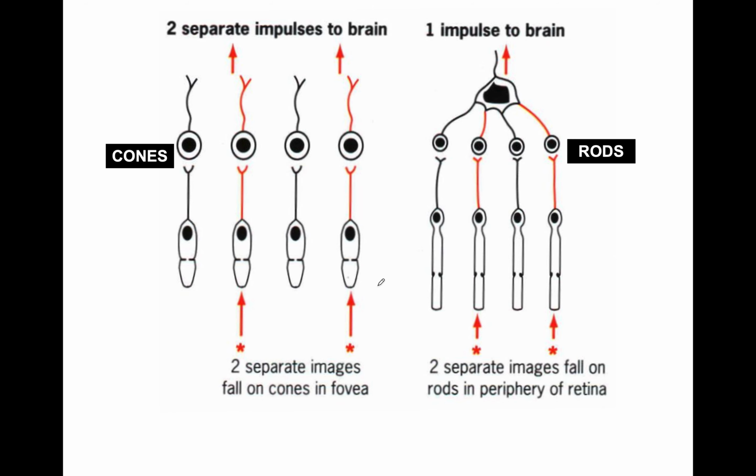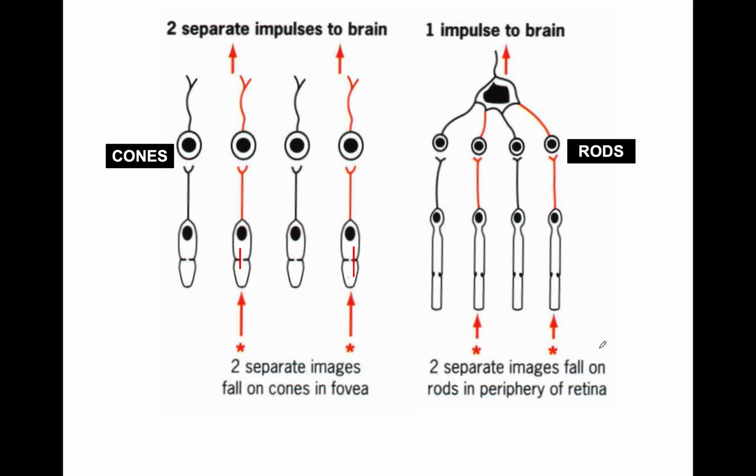So if 2 separate images fall on the cones shown here and here, providing those images have a high enough light intensity to produce an impulse, that will result in 2 separate impulses travelling along the sensory neuron to the brain, and the brain will then interpret those 2 images as separate.